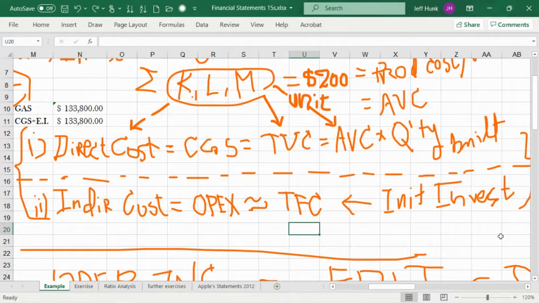While this plant is being built, it may take a year or 2 years, maybe more. But think about it: for 1 year or 2 years, you just incurred this cost without any return, without any revenue on it.